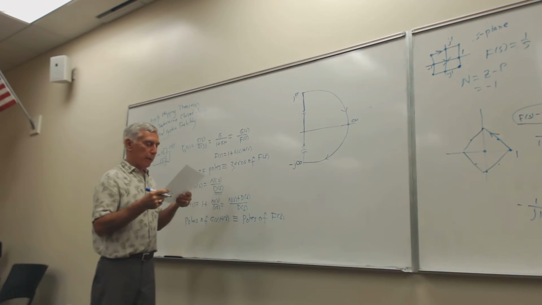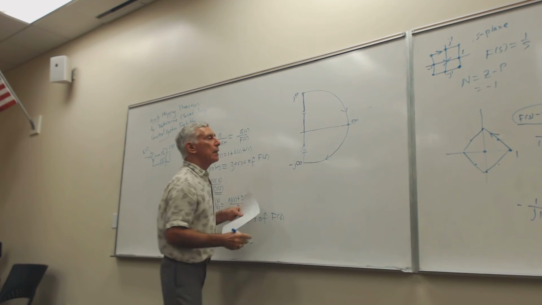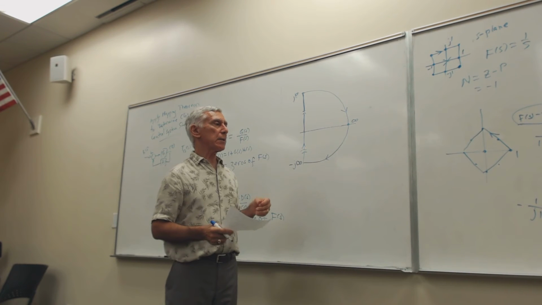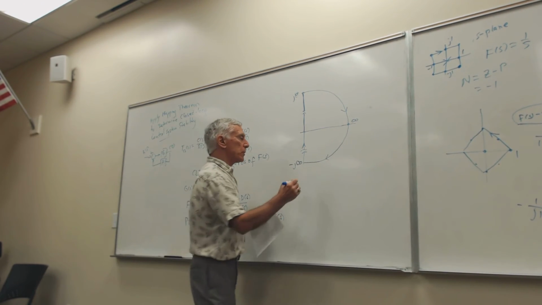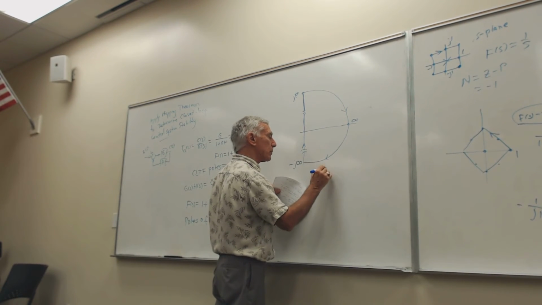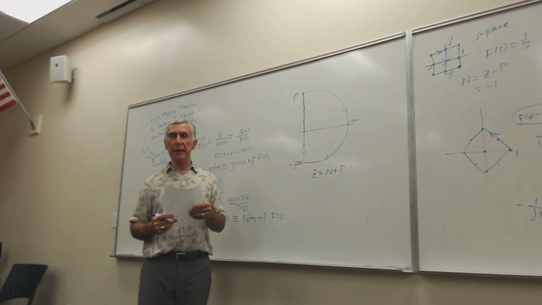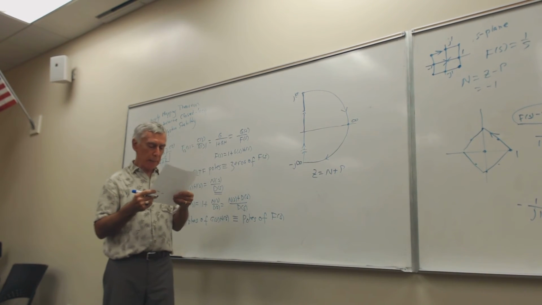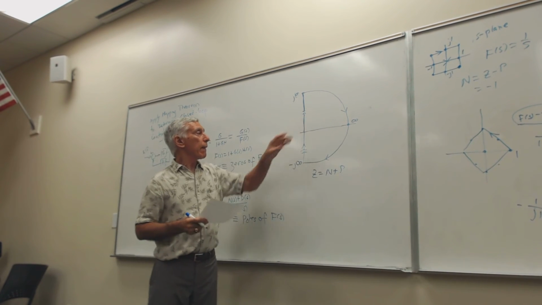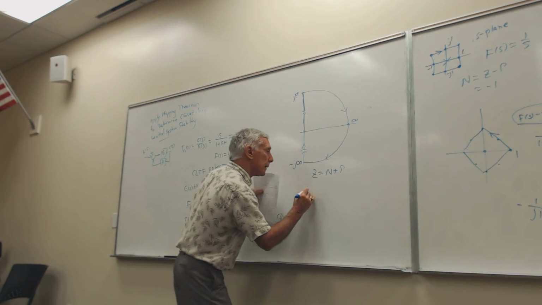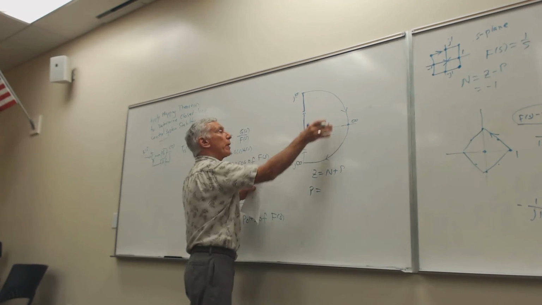Okay. And we're going to apply the mapping theorem. The mapping theorem states that N is equal to Z minus P. And N equals Z minus P, so Z is equal to N plus P. And here, see, this is the right half plane.